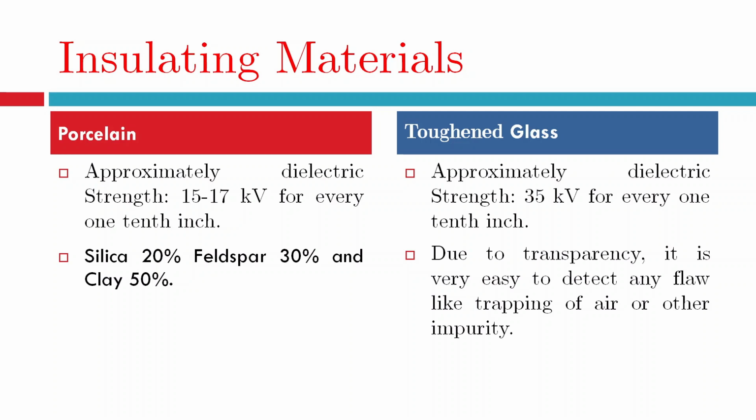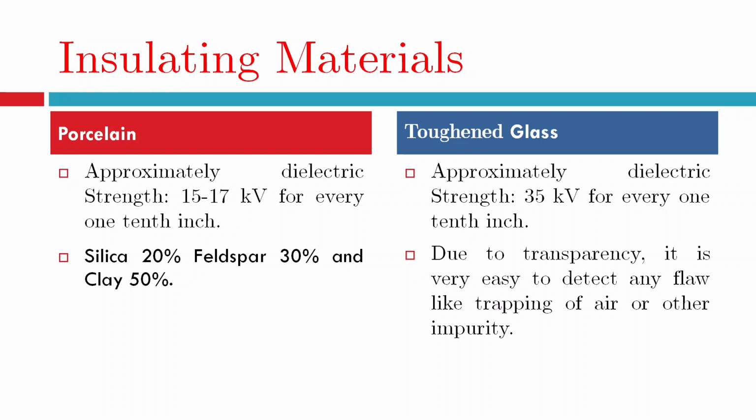Any kind of sealed air or impurity may lower its dielectric strength. It is therefore desirable that porcelain to be used for insulators should be air free and free of any kind of impurities, to prevent the entrance of liquid or gaseous form.